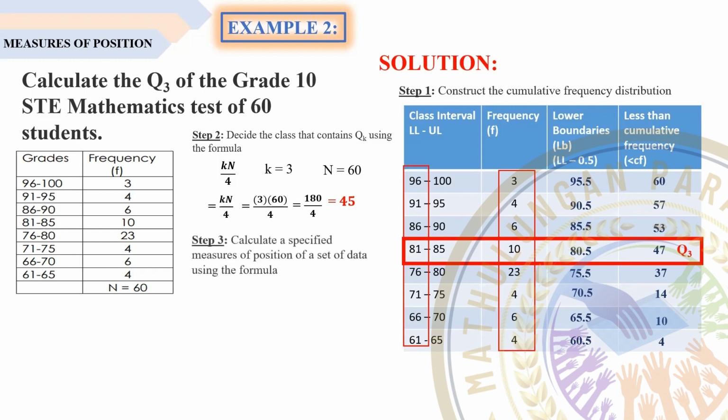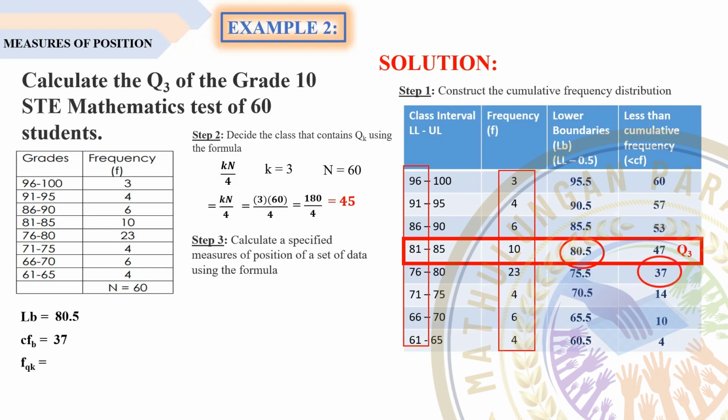Now, let us move on sa ating step 3, which is calculate a specified measures of position of a set of data using the formula. Okay, identify na natin yung mga data natin. So, lower boundary natin is 80.5, correct? Ang ating cumulative frequency before, take note, before the class, which is 37, very good.